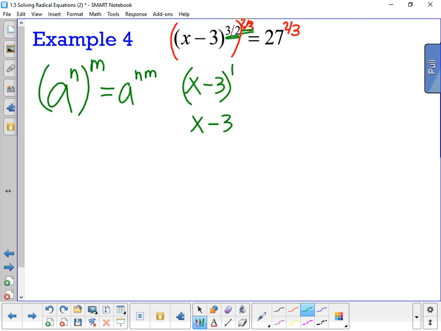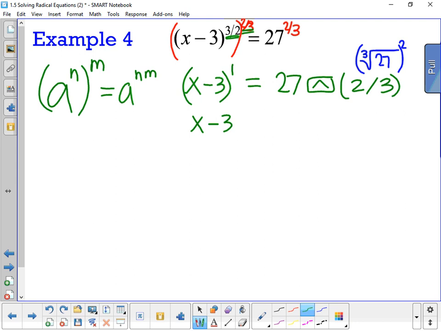And then 27 to the 2/3 power, you could, of course, think of it as a radical. It's the third root of 27 squared. But our calculators are also perfectly capable of calculating this quantity. You just need to make sure that you're being careful as you type it in. What you would type in is 27, use your caret button to give a power to 27, and then to be extra careful, you would put parentheses around that 2/3.